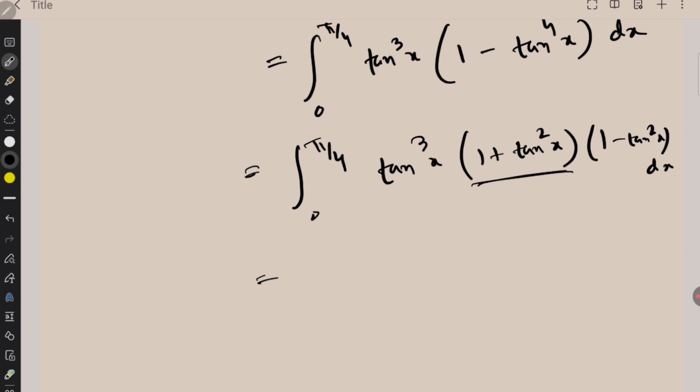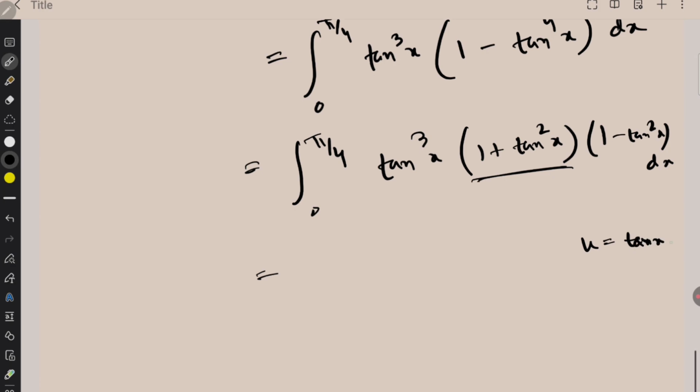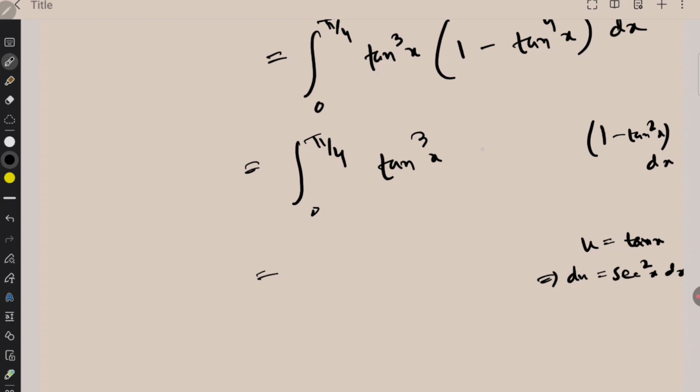If I take u equals tan x, right? du is sec squared x dx. And this term right here is simply sec squared x, right? So sec squared x dx is my du.